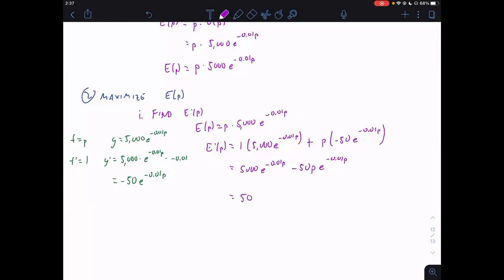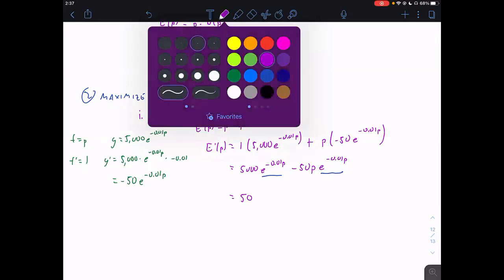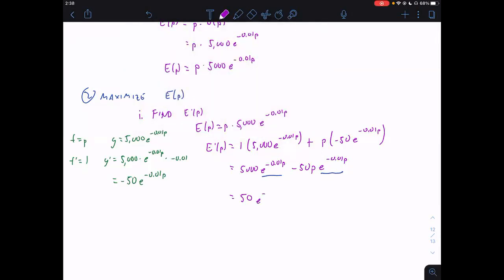But let's look at what else they have in common. Notice these two terms also have an e to negative 0.01 p in common. So let's factor that out as well. So let's pull out an e to negative 0.01 p.